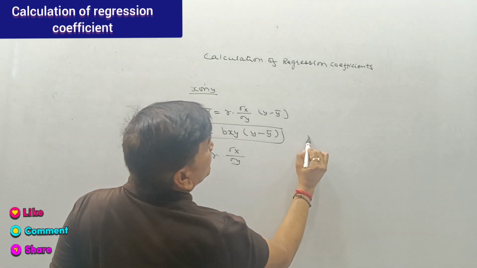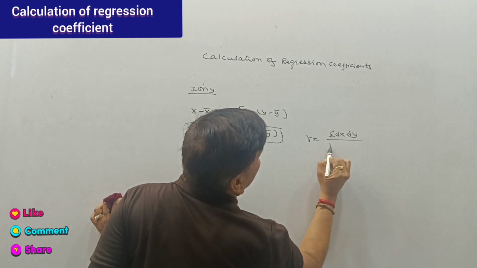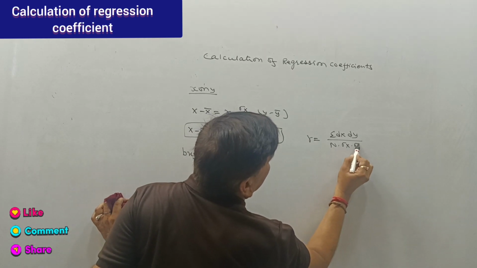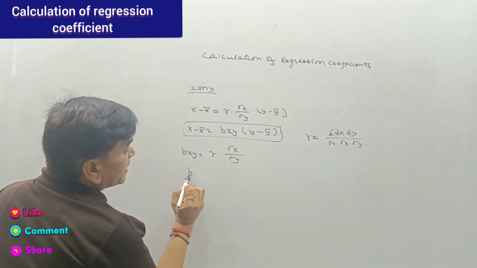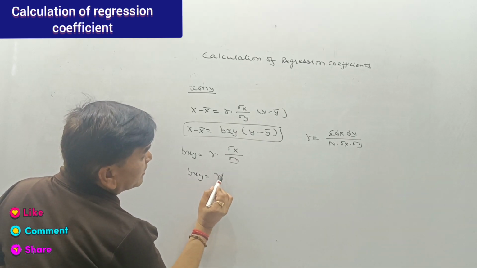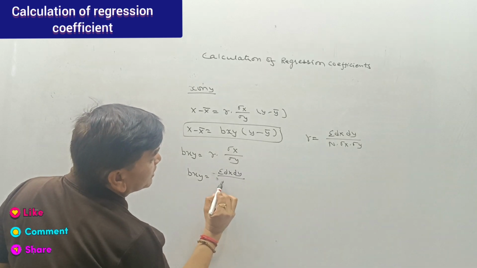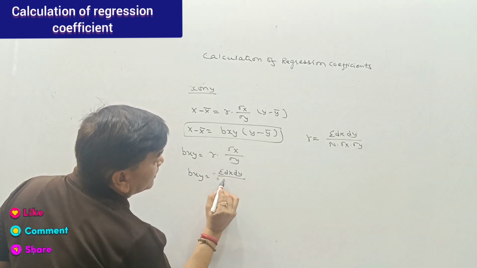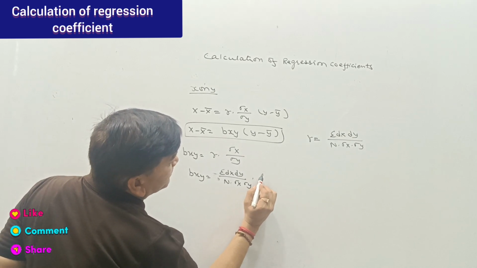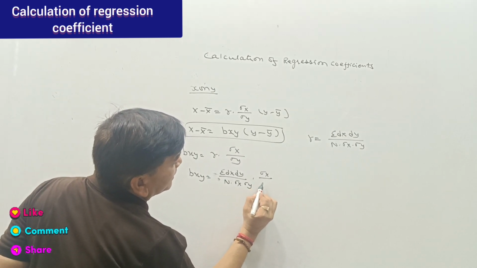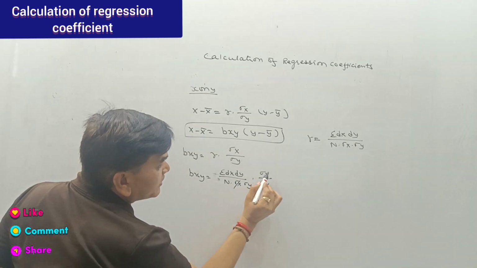As we know, the value of r is equal to sigma dx dy upon n times standard deviation x times standard deviation y. So bxy will be r, putting the value, sigma dx dy upon n multiplied by standard deviation x and standard deviation y, multiplied by standard deviation x divided by standard deviation y. So standard deviation y cancels.